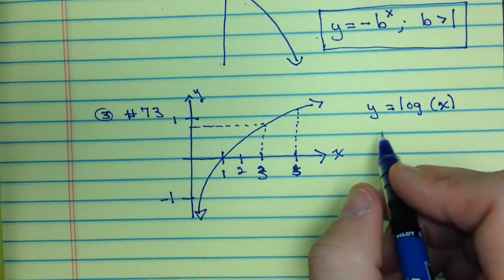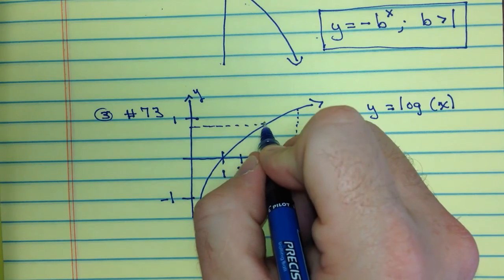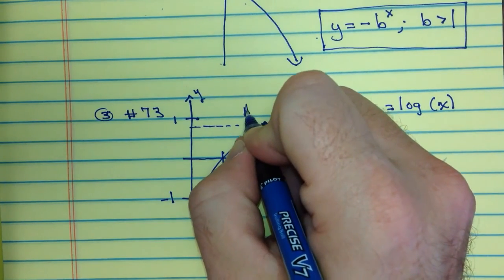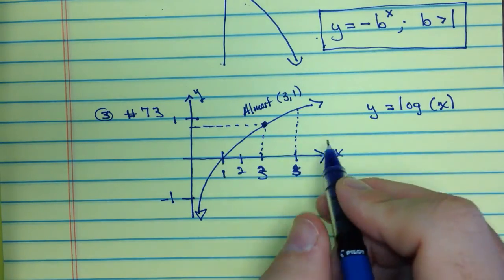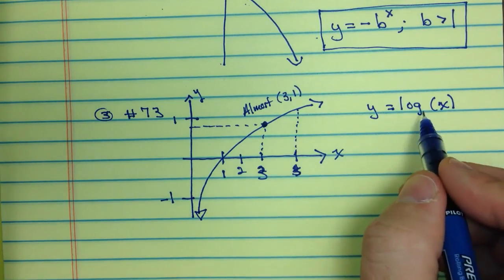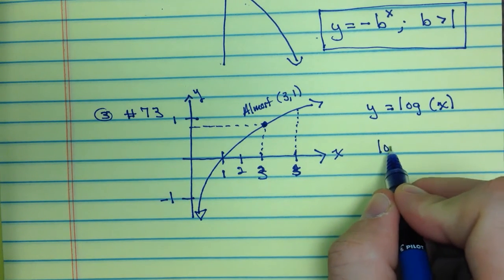We have a point very close to 3, 1. So this is almost the point 3, 1. So we need a point on this graph that's close to this point. So let's just think, what is log of 3?